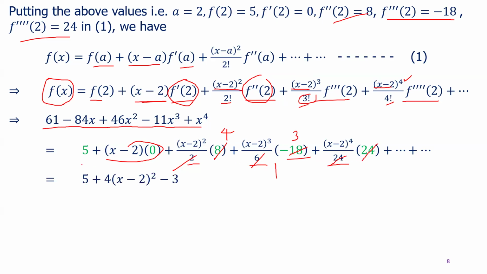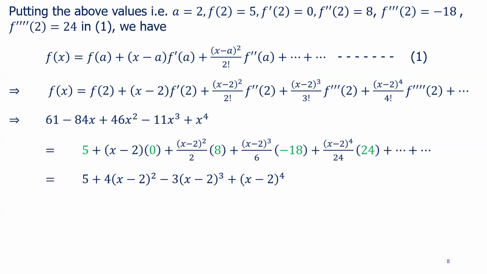Now if we simplify it, we get 5 plus 4 times (x - 2) squared minus 3 times (x - 2) cubed plus (x - 2) to the power 4. We have expressed 61 minus 84x plus 46x squared minus 11x cubed plus x to the power 4 in ascending powers of x minus 2: 5 plus 4(x - 2) squared minus 3(x - 2) cubed plus (x - 2) to the power 4.